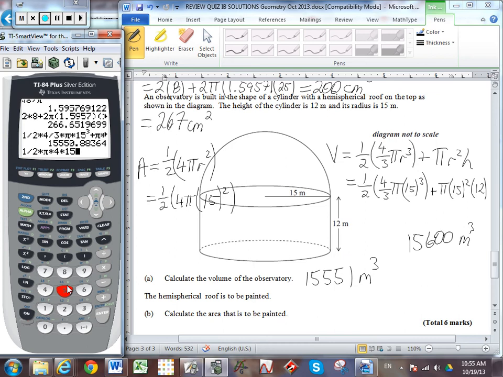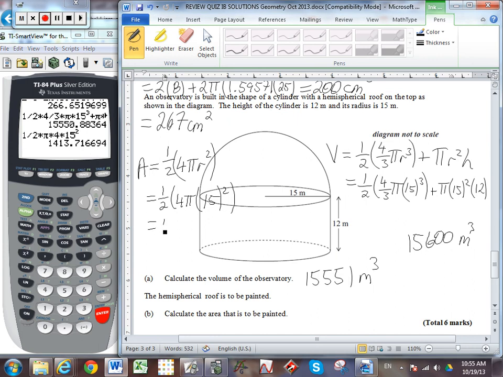Times 15 squared. And we get 1,413.7. That's the area, so that's in meters squared, and of course we can round this to 3 significant figures, 1410 meters squared.